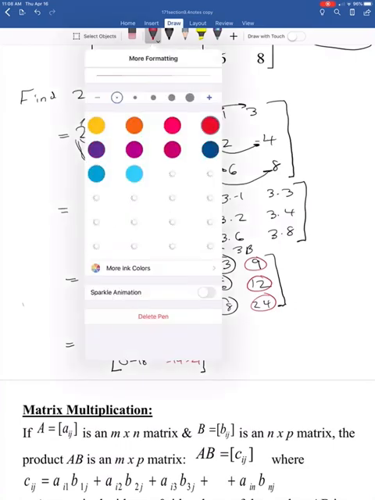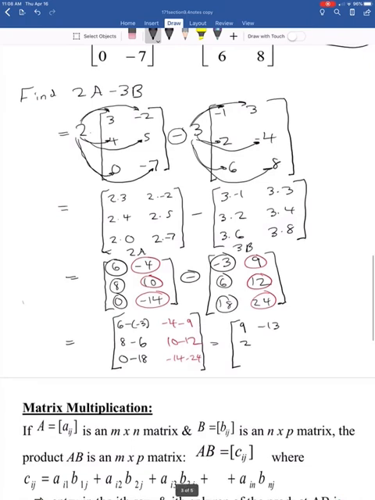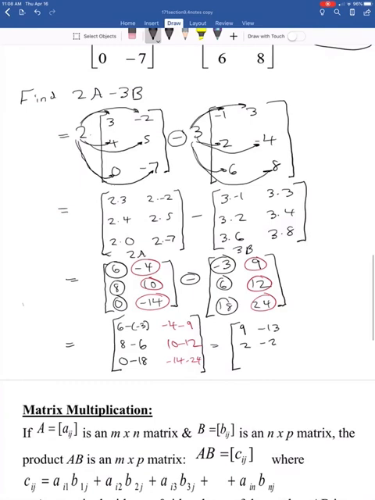All right, so in the end, here's our outcome. Here's the result of 2A minus 3B. 6 minus -3, that makes it 6 plus 3, or 9. -4 minus 9, -13. 8 minus 6 is 2. 10 minus 12 is -2.